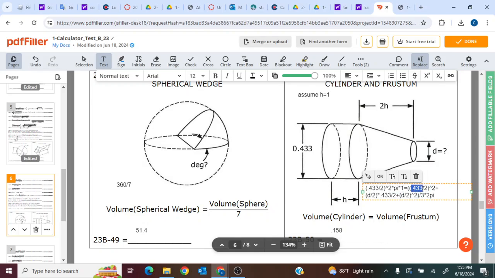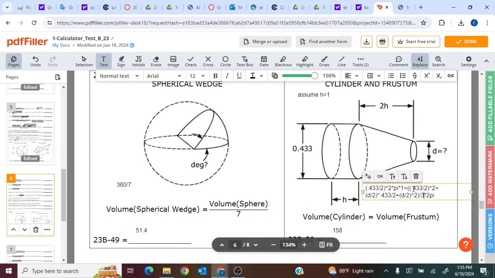So this radius over here squared plus this radius over here, which is d over 2, times the radius over here, plus the small radius over here squared, and you have to divide it by 3 and multiply it by the height, which is 2, and then multiply it by pi, because that's how you solve the volume of a frustum.